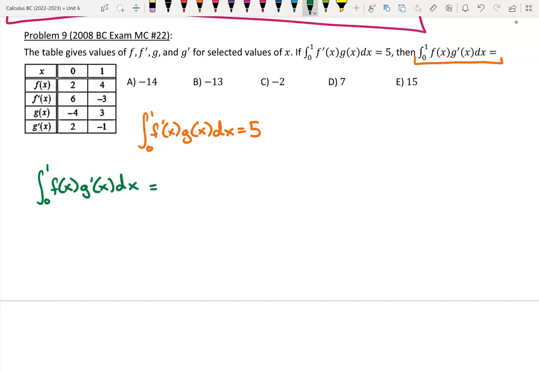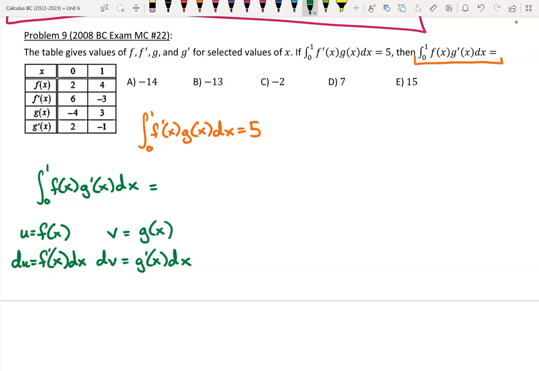So following our usual method, u is f of x. dv is going to be g prime of x dx. So du would be f prime of x dx, and v would just be g of x.